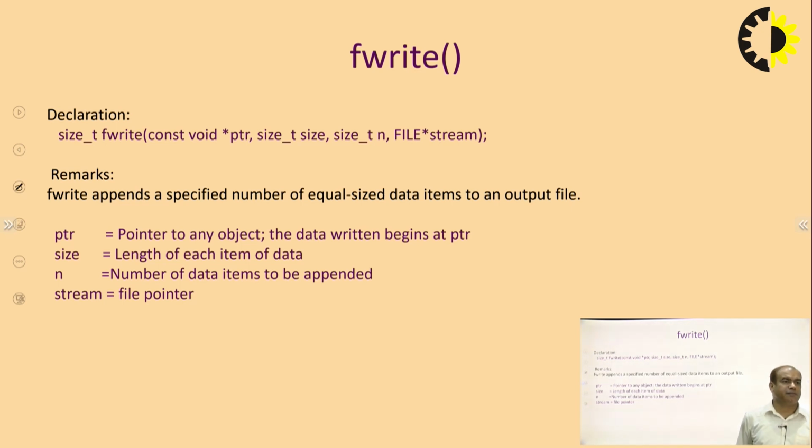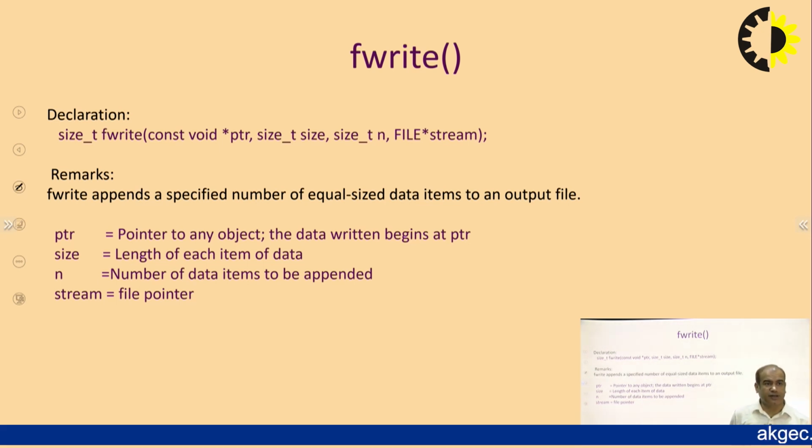So ptr is the pointer to any object, the data written begins at the pointer, size is the length of each item of data, n is the number of data items to be appended, and stream is the file pointer.